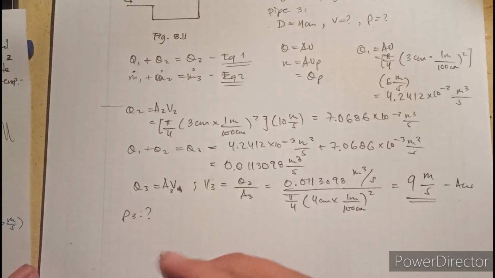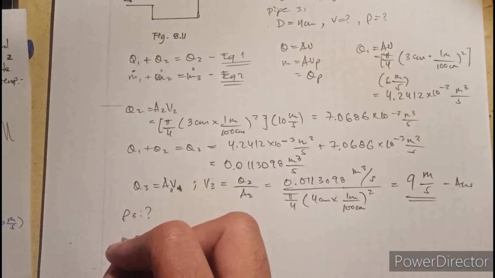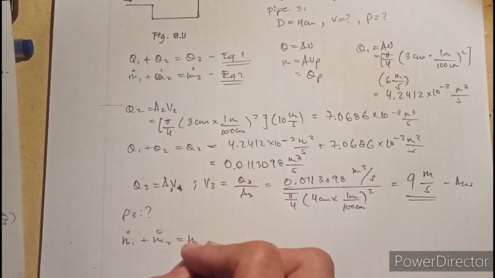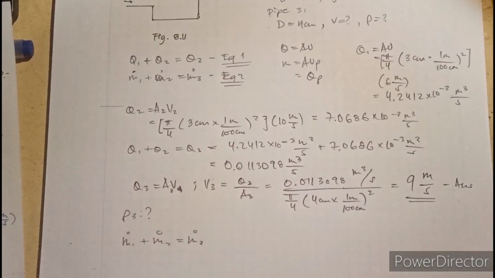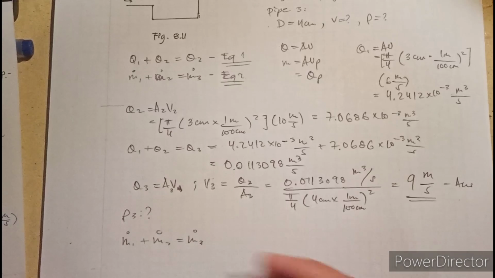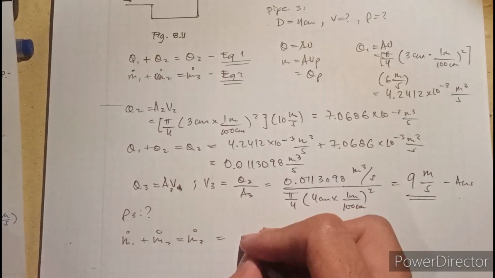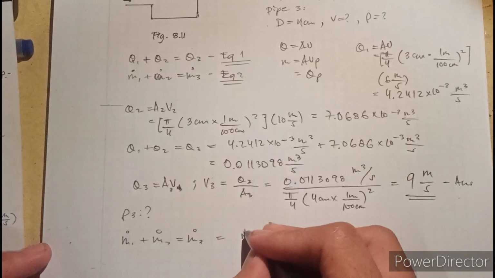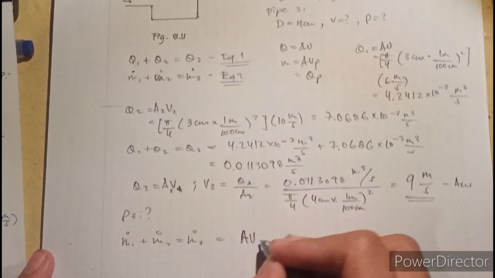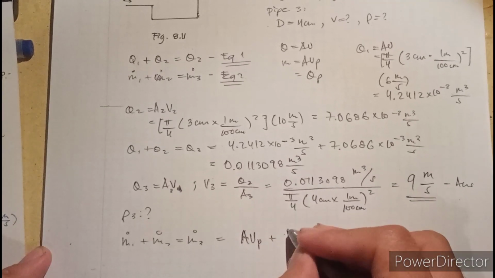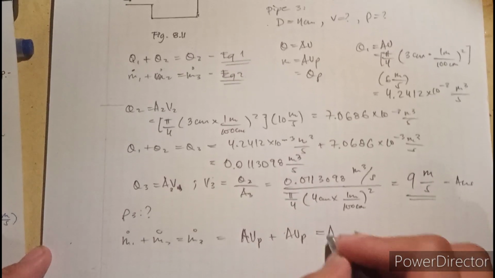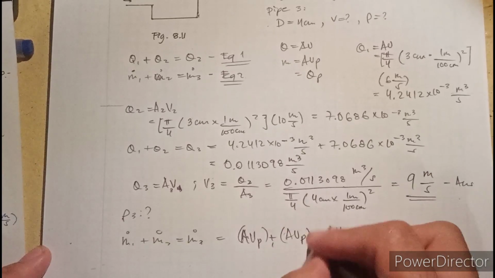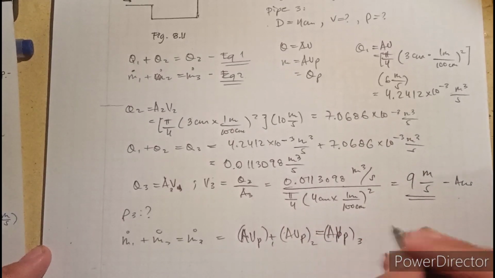Now for density 3, we can solve using mass flow rate 1 plus mass flow rate 2 is equal to mass flow rate 3. Since mass flow rate is AVρ, we have AVρ for 1 plus AVρ for 2 equals AVρ for 3.